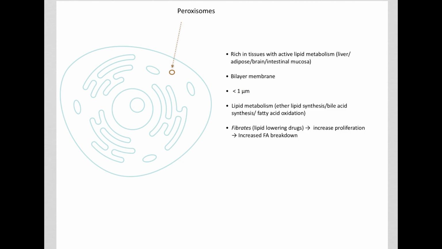Since peroxisomes actively break down lipids, the fibrate drugs, which help reduce lipids in the body, actually increase the number of peroxisomes. That increased number leads to increased lipid breakdown, which helps reduce the amount of lipids in the body.